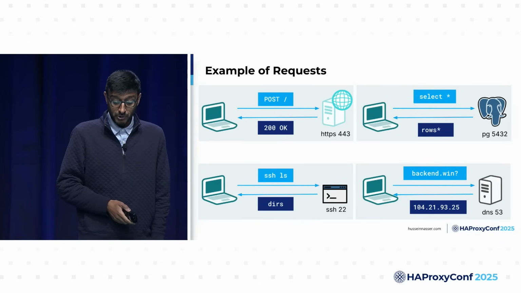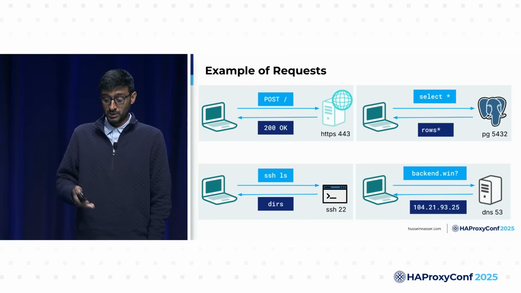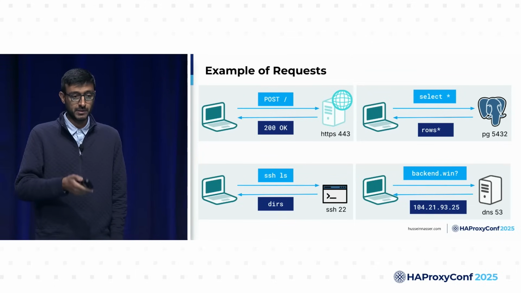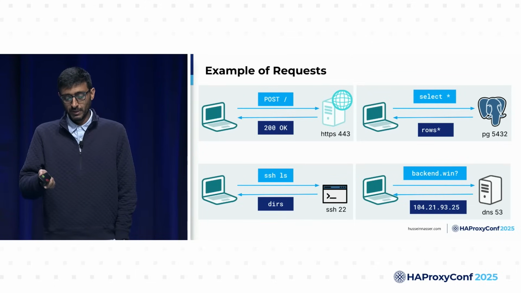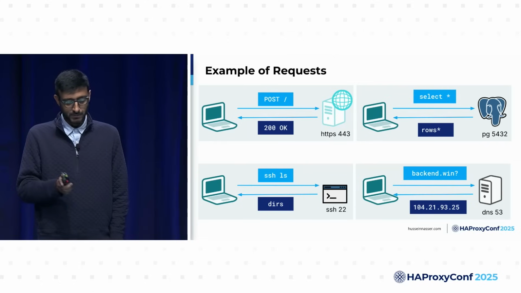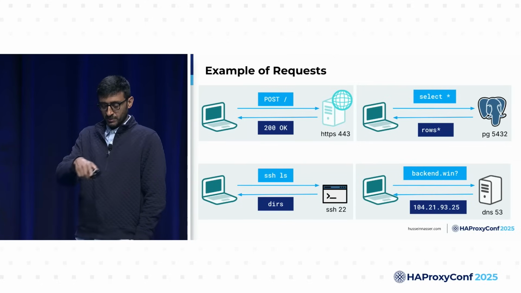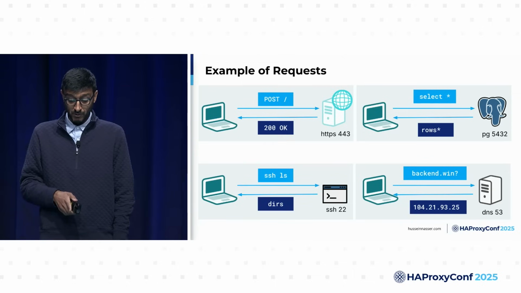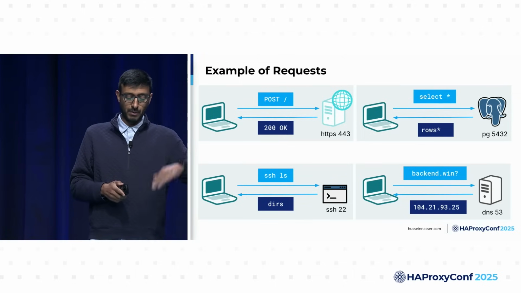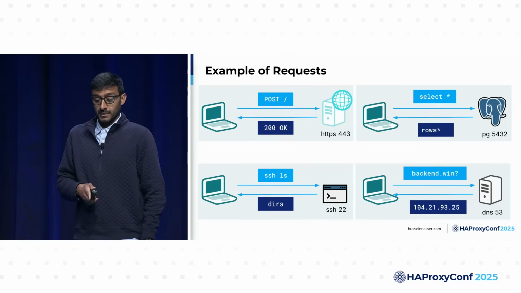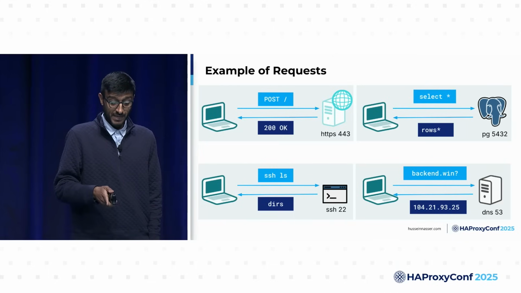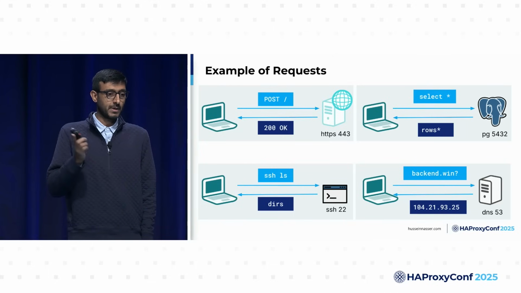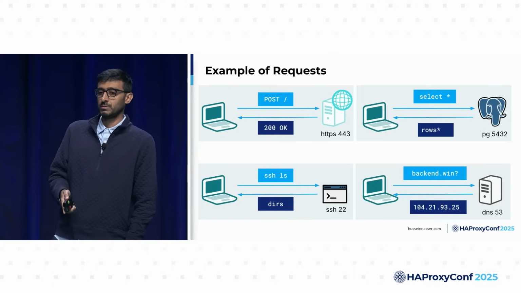Same thing with SSH. SSH is built on TCP, just like Postgres, just like HTTPS. Well, you can also build HTTPS on top of QUIC, but that's another topic. But most of this stuff is built on TCP. Right. SSH, the bottom left, is listening on port 22. And if I'm connecting, same thing. SSH is a protocol.